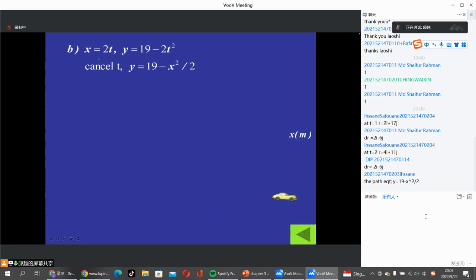In order to cancel t, we have t equals x over 2, right? So by putting x over 2 into the second equation, y equals 19 minus 2t squared, with t equals x over 2, we have y equals 19 minus x squared over 2.